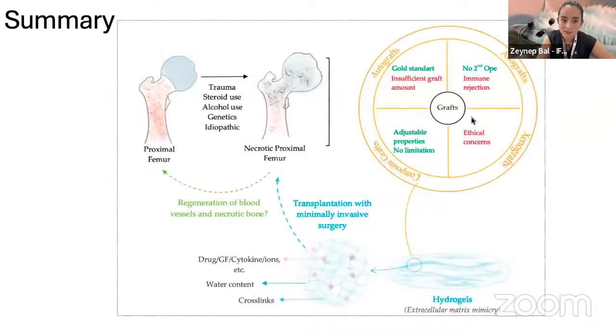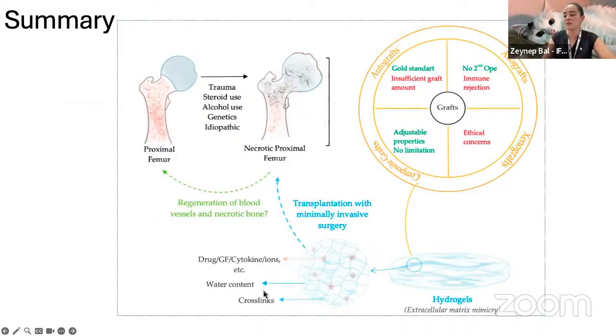So as a result, I just want to show this: if you have a necrotic femur and need to use composite grafts, and you choose hydrogels out of these composite grafts, it is good because it mimics extracellular matrix and has good vascularization properties.